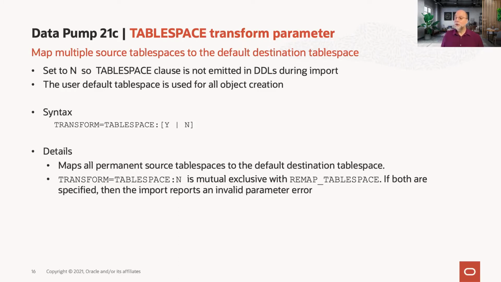So if you created a new database and you said my default tablespace is TBS_1, you could remap everything from an import into that tablespace with just a very quick transform equals tablespace yes.